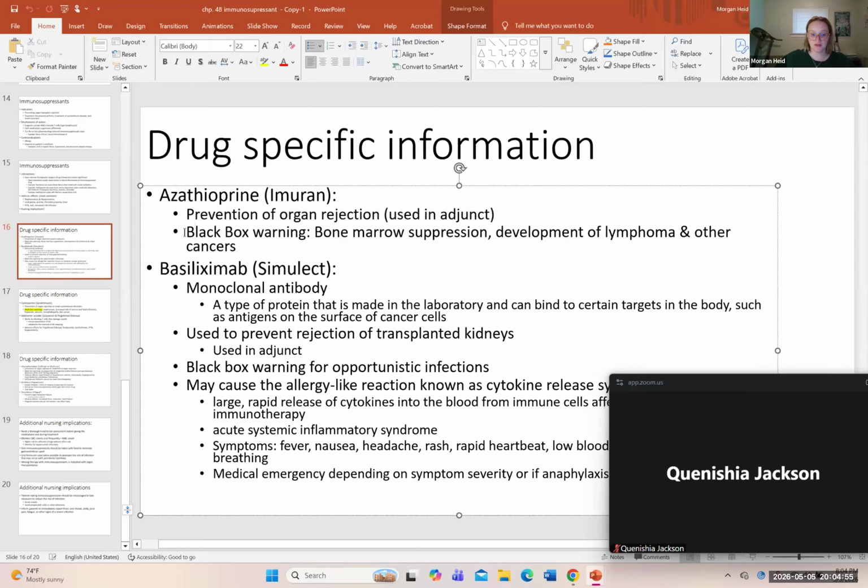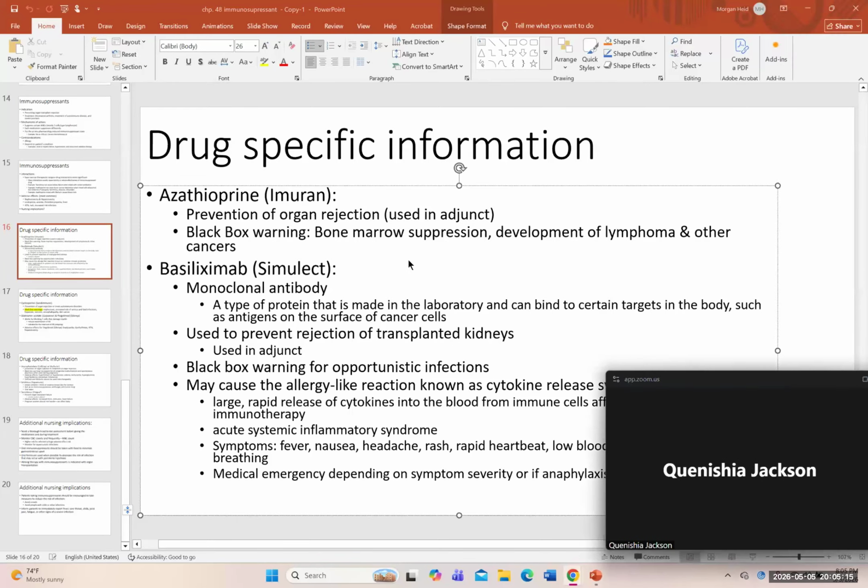But I do want you to pay attention to the black box warning. Everybody knows what the black box warning is, correct? If you don't know, ask me and I'll tell you. Is it like toxic or pregnancy or something like that? It's kind of around those lines.